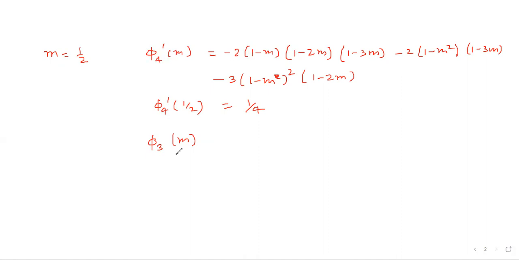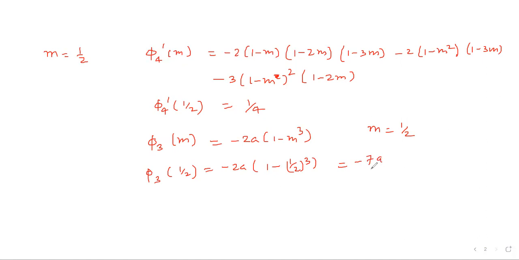So phi 3m is given by, remember, 2a into 1 minus m cube. So here we have to put m equal to half. Then we will get phi 3 half will be minus 2a times 1 minus 1 by 2 whole cube. So we can simplify. So this will become minus 7a divided by 4.